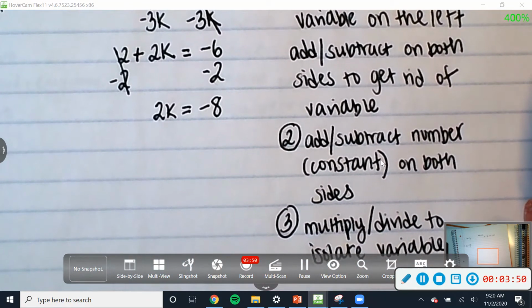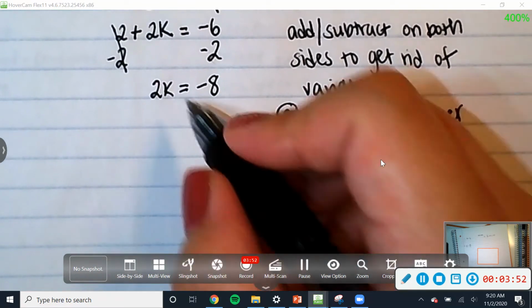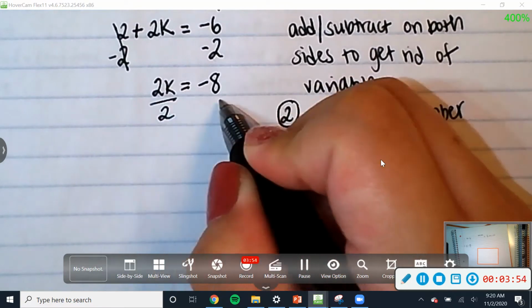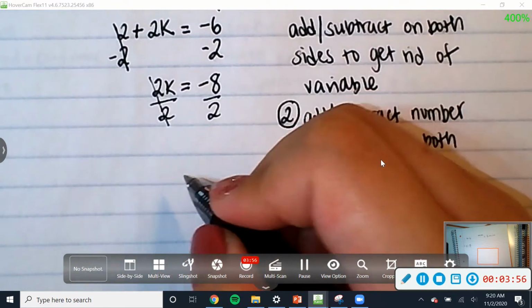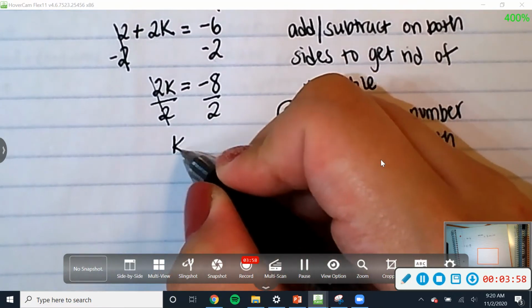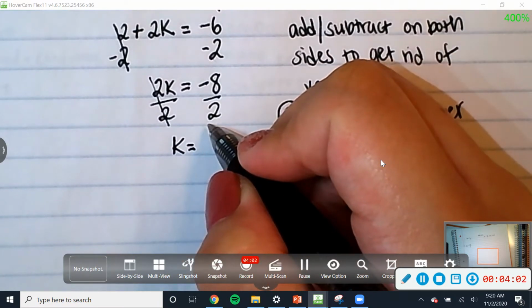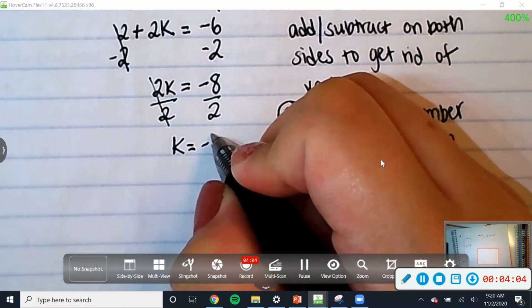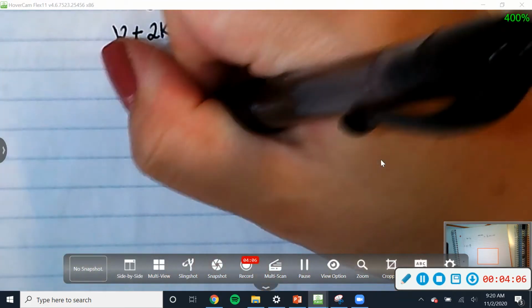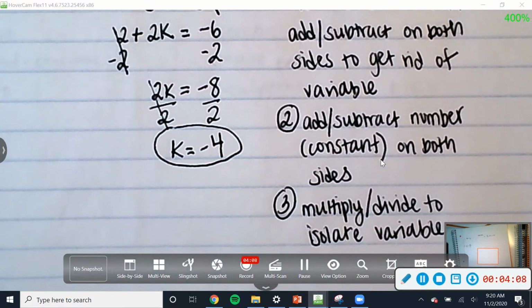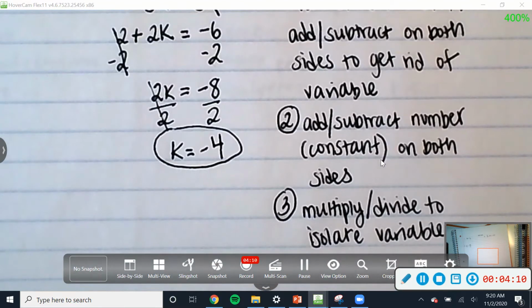So that means that in order to get rid of this 2, I would just divide positive 2 on both sides. That would cancel it out, and I'm just left with k by itself. And I solve negative 8 divided by 2. Negative 8 divided by 2 is going to give us negative 4. So my final answer would be k equals negative 4.